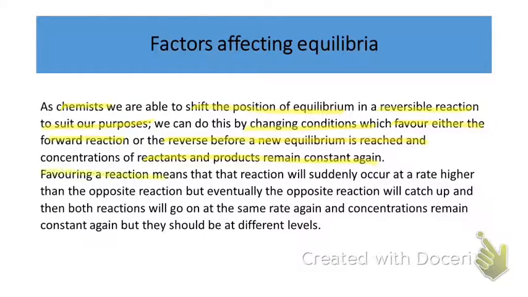Now, favoring a reaction means that the reaction will suddenly occur at a higher rate than the opposite reaction, but eventually the opposite reaction will catch up and both reactions will again be at the same rate, forming a new equilibrium state, and the concentrations again will be constant. However, they should be at different levels than they were previously.